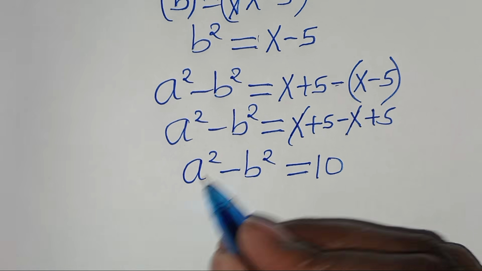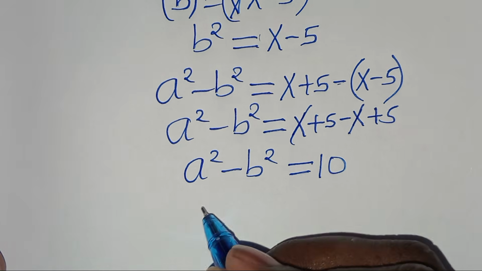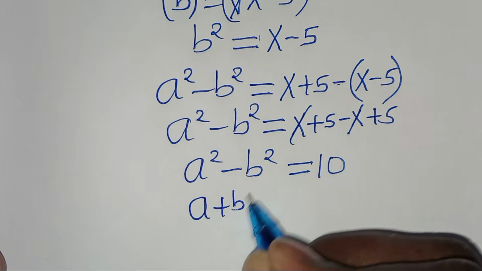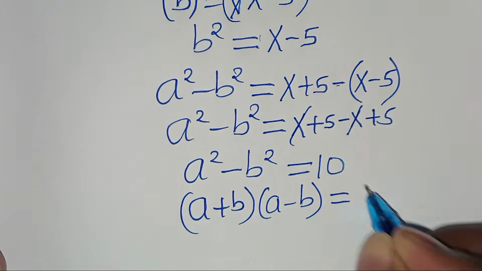Now, we have that a squared minus b squared, this is the difference of two perfect squares that we can express as a plus b multiplied by a subtract b, this is equal to 10.